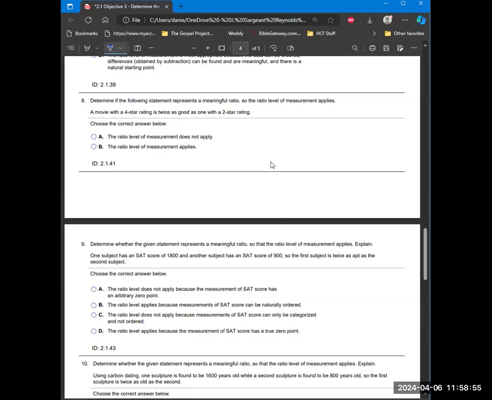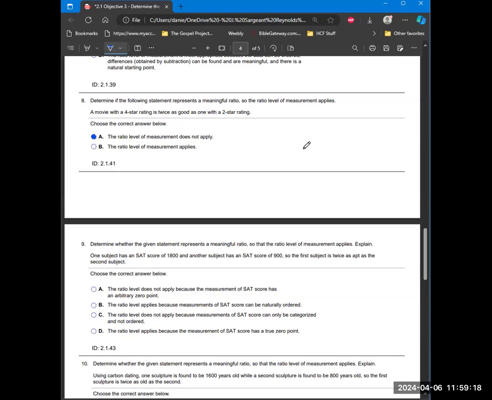So determine if the following statement represents a meaningful ratio. Okay, so someone thinks that a 4-star rating means that it's twice as good as a 2-star rating, and they're wrong, because that's not what the stars mean.